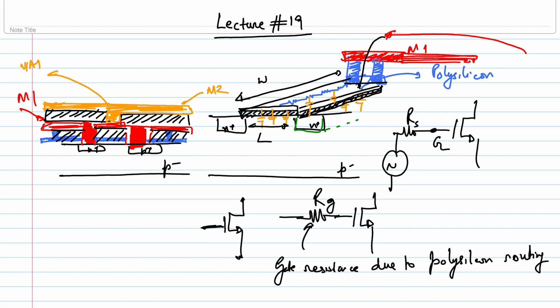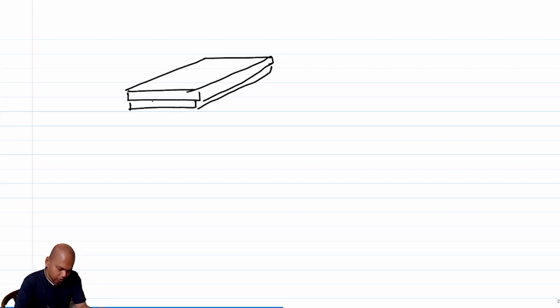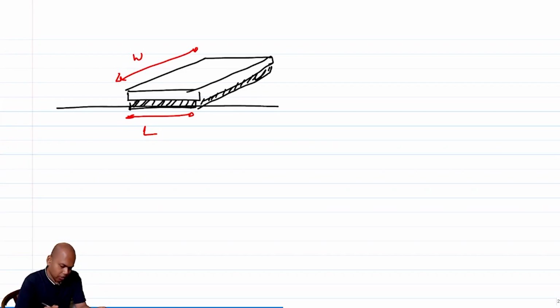Again, if I draw the cross section of the MOSFET, I'm not drawing the drain and the source, but we understand that this is L and this is W. Why are we having this problem with Rg?